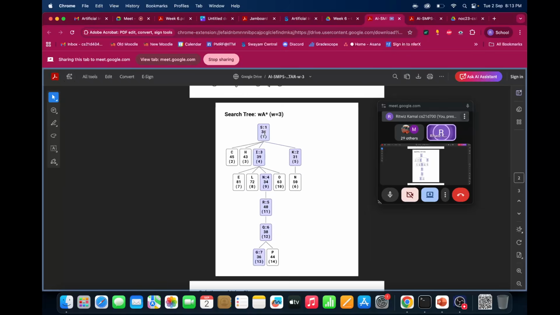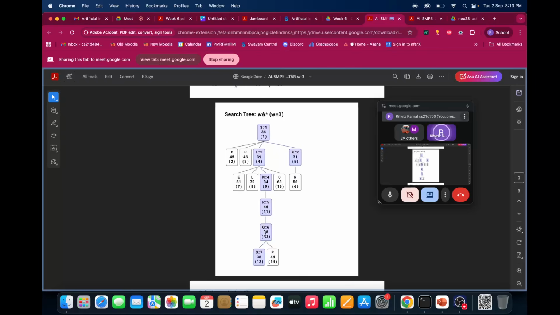So we are starting with S with F36, then we move to C, H, I, K. K is expanded next. Oh, here have they not shown the propagation improvement or something? Oh, they have, right? This n is no longer supposed to be explored once you reach this particular n, 34, right?